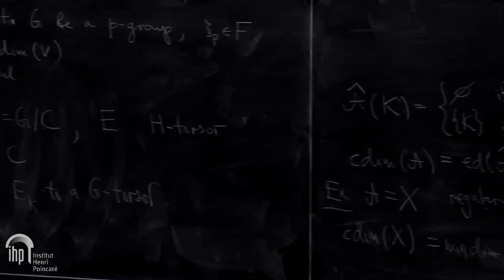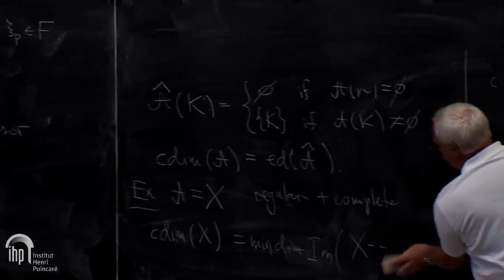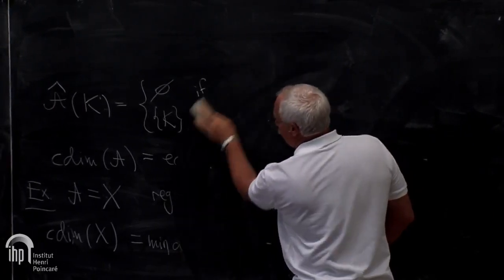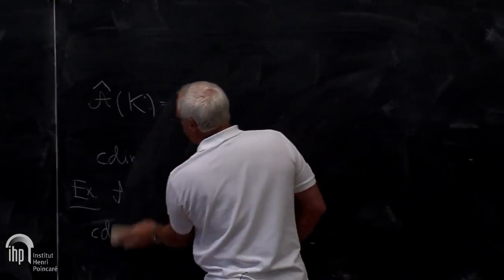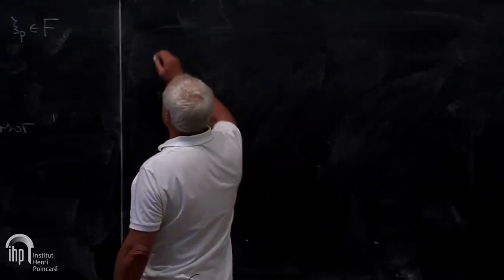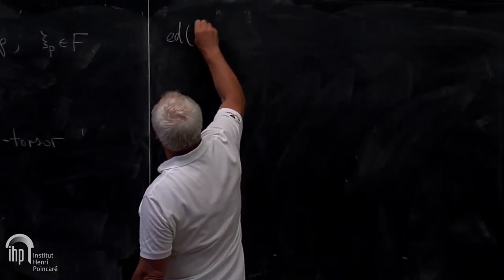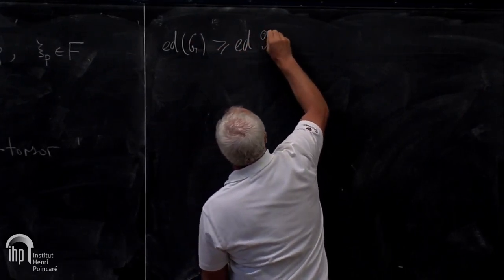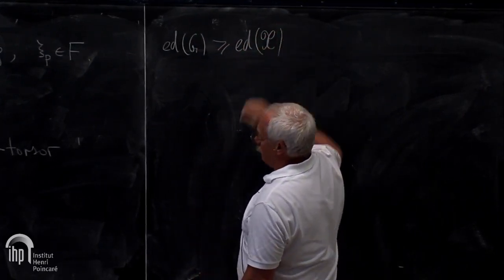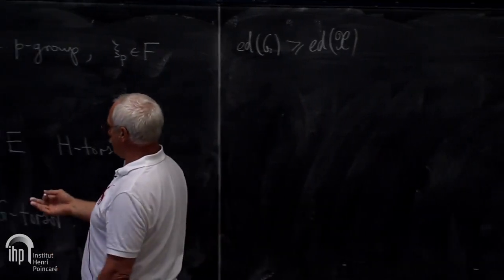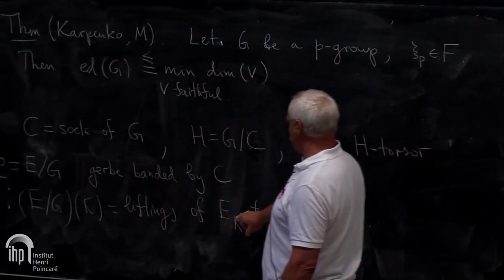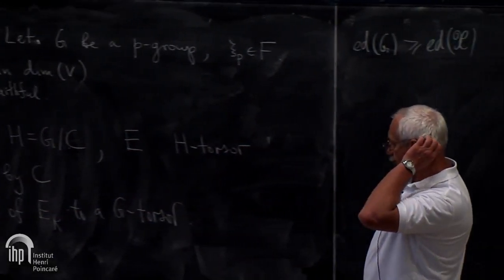So we just need to get a lower bound for the essential dimension. So we start to write the inequalities. The essential dimension of G is at least the essential dimension of this curly X. Well, basically, we are interested in all the torsors, and curly X is responsible only for the liftings of some special torsor.